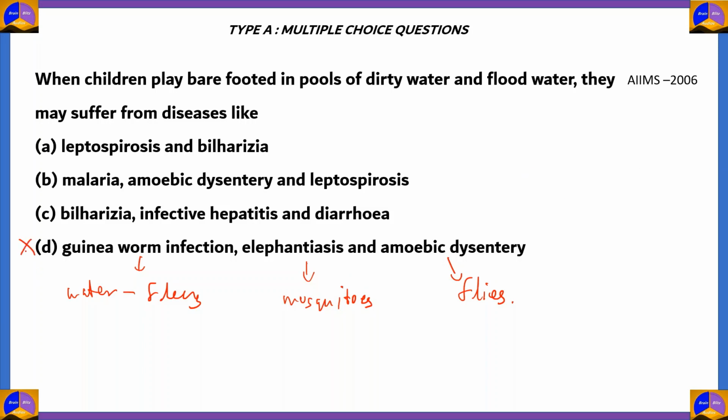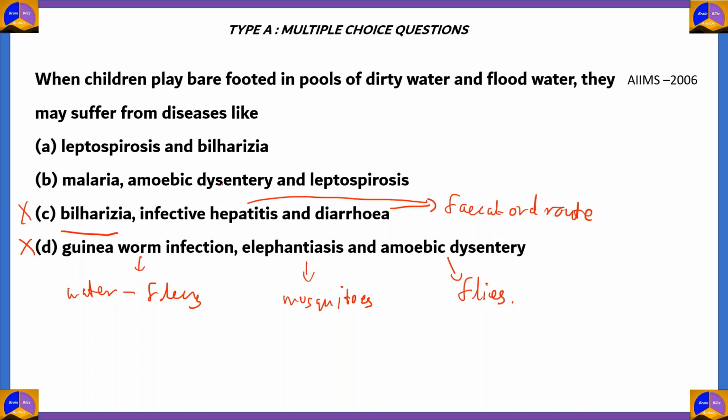So option D is incorrect. What about option C? Bilharzia, infective hepatitis, and diarrhea. Infective hepatitis and diarrhea are caused due to the fecal oral route. And bilharzia is caused because of children playing barefooted in pools of dirty water. So option C is incorrect because some of them are not the correct option.